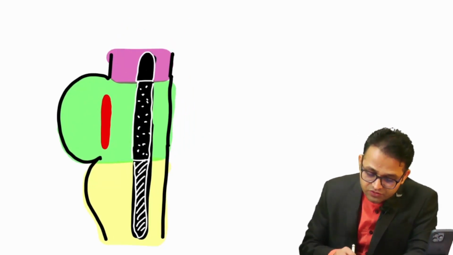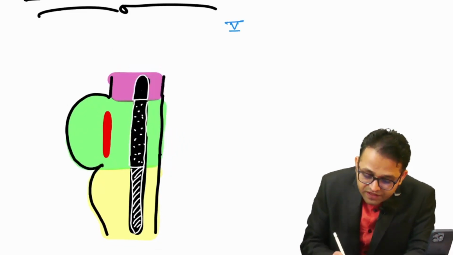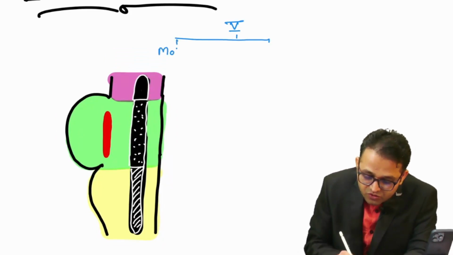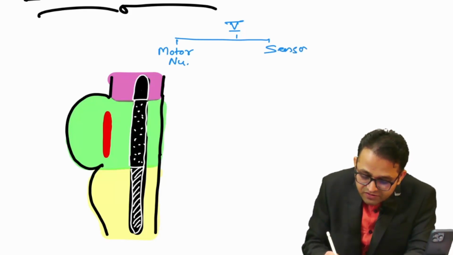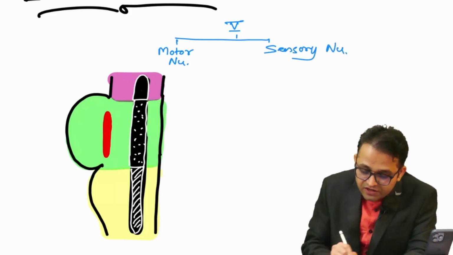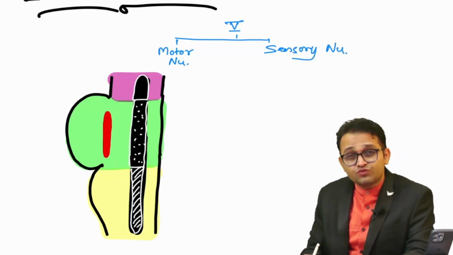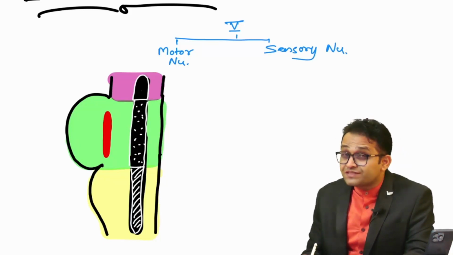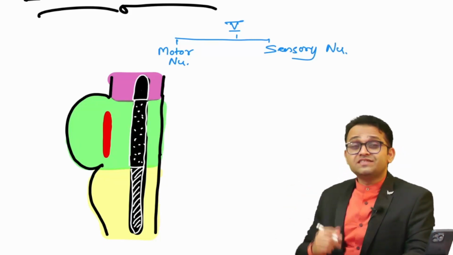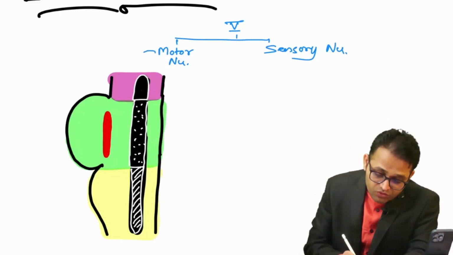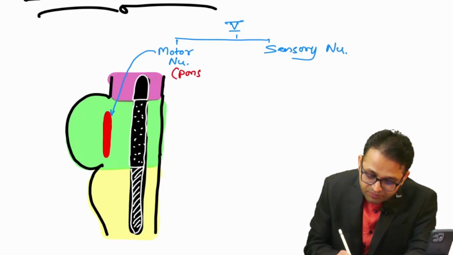What I want to tell you, sir, the fifth cranial nerve has two types of nucleus: motor nucleus and sensory nucleus. We are looking for the top-level MCQ asked in the INICET pattern. So the motor nucleus is located in the pons.